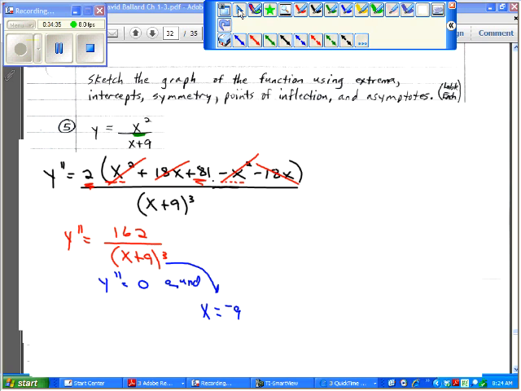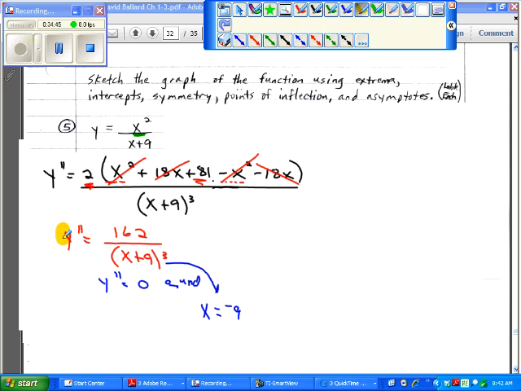So I didn't get anything additional because I already had the -9 from the first derivative. Everybody good there? So what we've done is we have found the second derivative, and we found a test point, which is the same as one of our critical points.